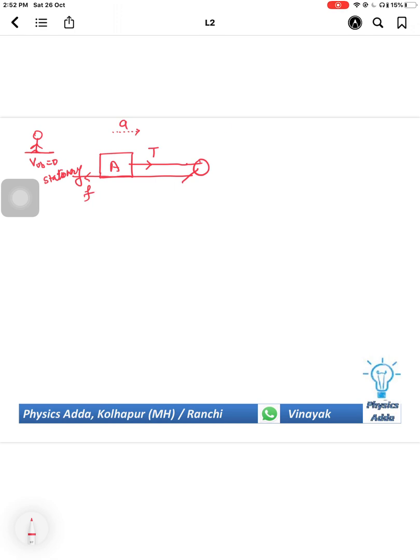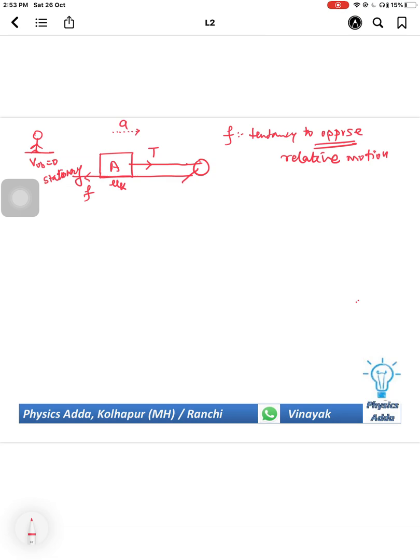Why? Because friction has a tendency to oppose the relative motion. Again, the word oppose is very important. It opposes the actual relative motion. Here we have kinetic friction, because this block is moving.